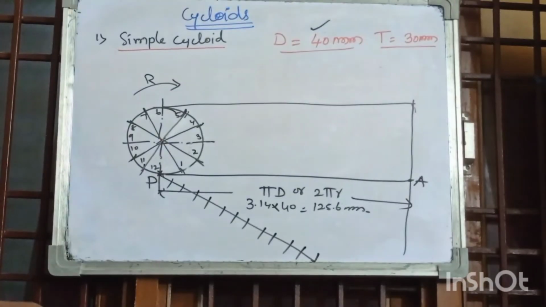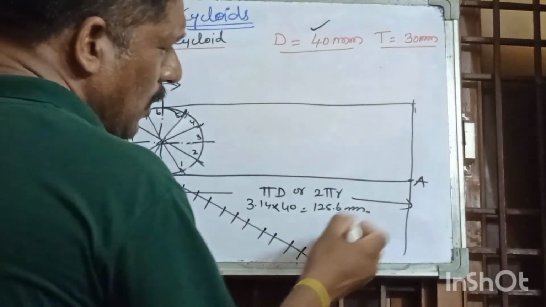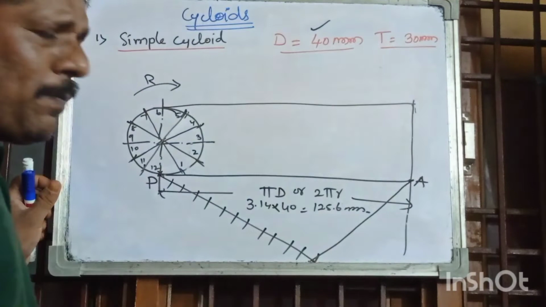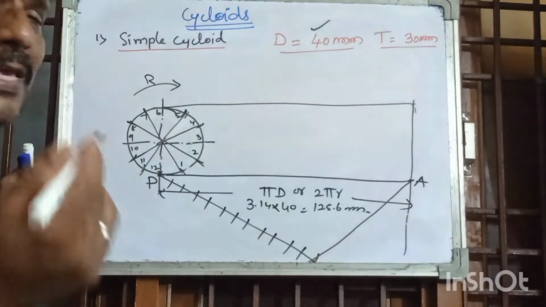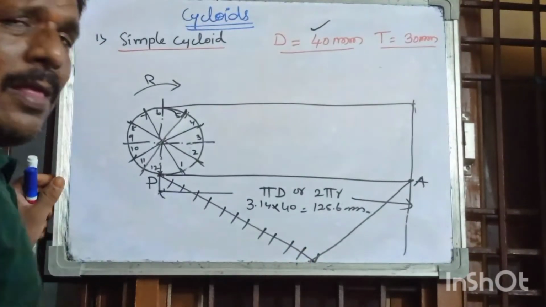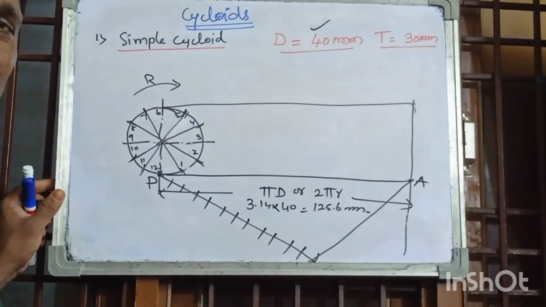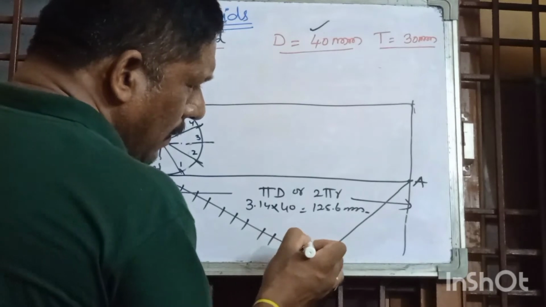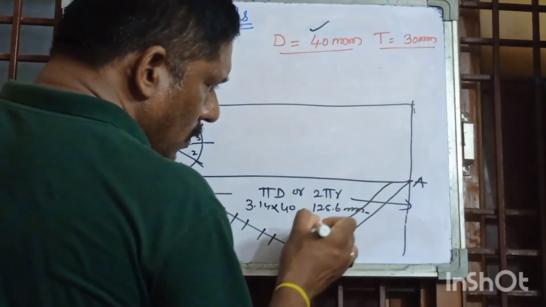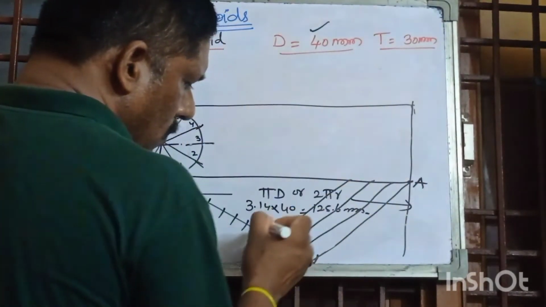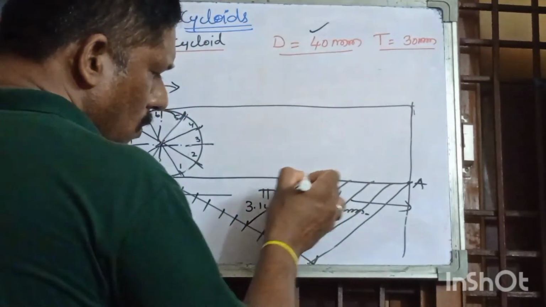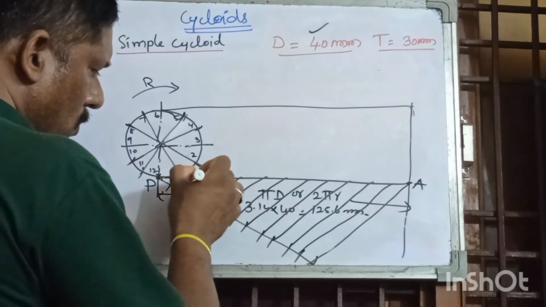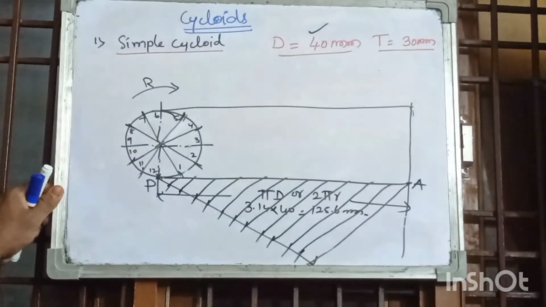Then join all the points to the last point and to P. In the previous video you can see how to divide a line or bisect a line into equal parts. So you will get 12 equal parts.